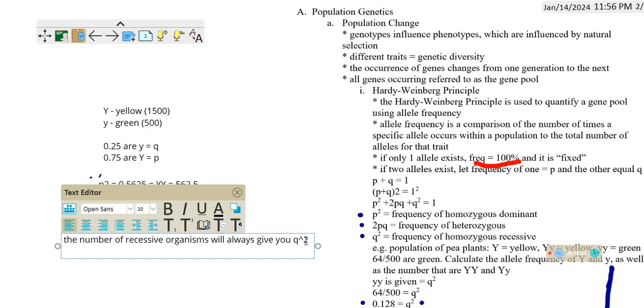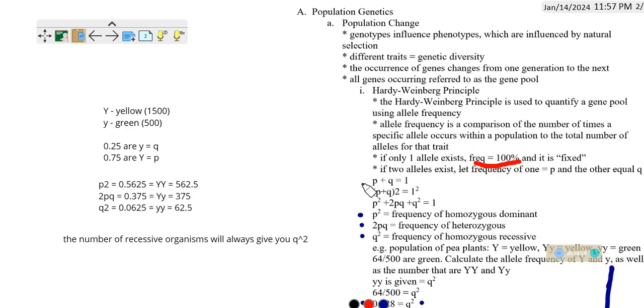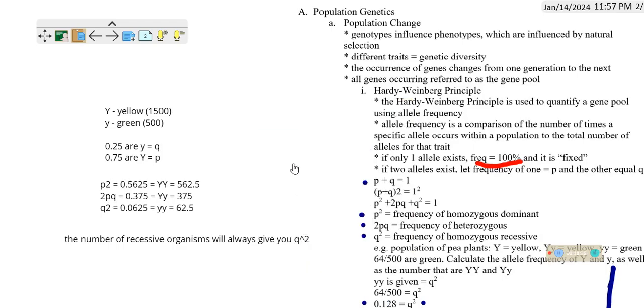So if I know that 11% are not, there's my q squared. Q squared equals 0.11. Then I can find q by square rooting it. Once I know q, I come back to this: p plus q equals 1. Once I know what p is, away I go. I get p squared, I get 2pq. That's the Hardy-Weinberg principle kind of in a nutshell.